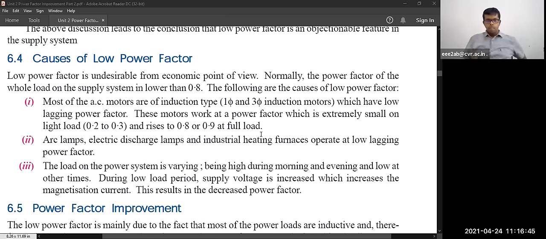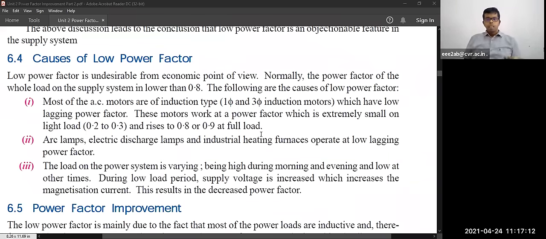Then they will feed more current and more power to that particular line, or sometimes from the substation itself, to avoid this unexpected drop in power factor.